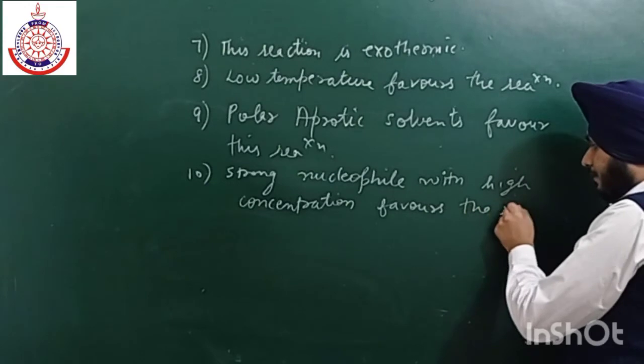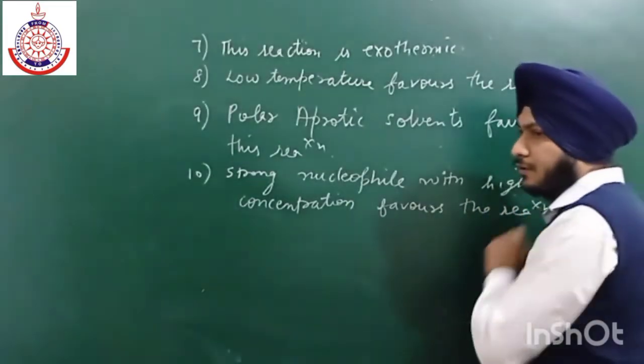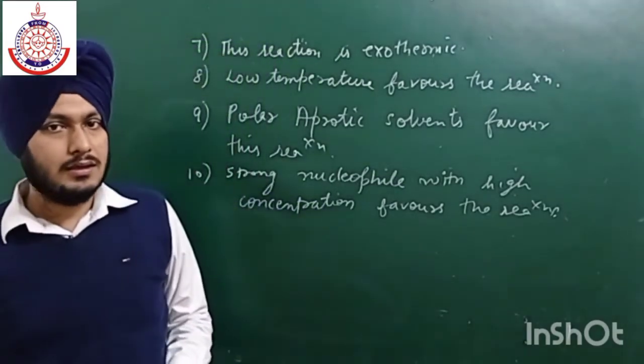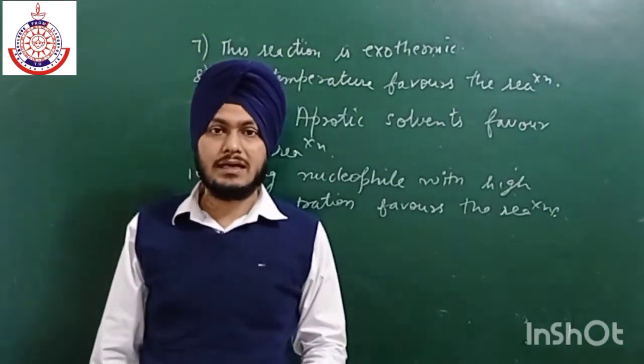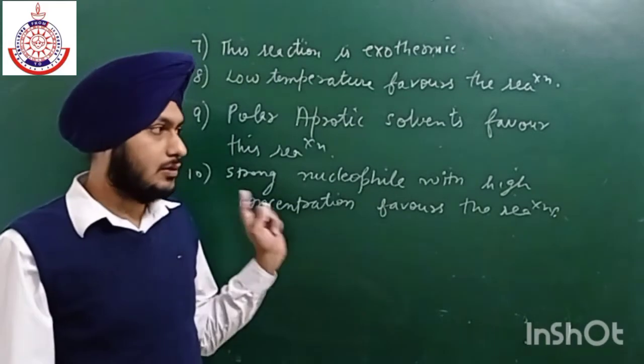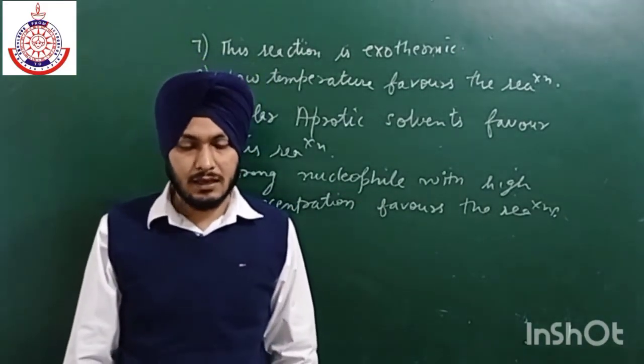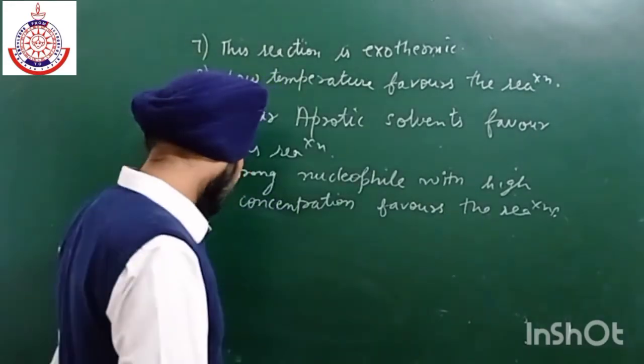Okay, so these 10 points you have to keep in your mind for SN2 reaction. This reaction follows concerted mechanism. Concerted means the whole reaction takes place in a single step. Okay, now let's move on to SN1.